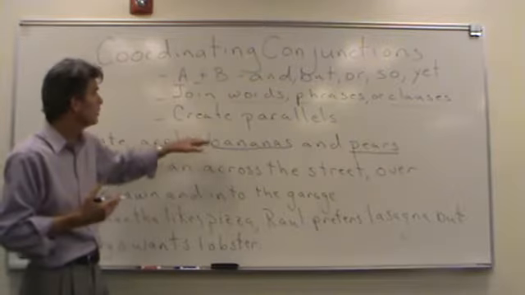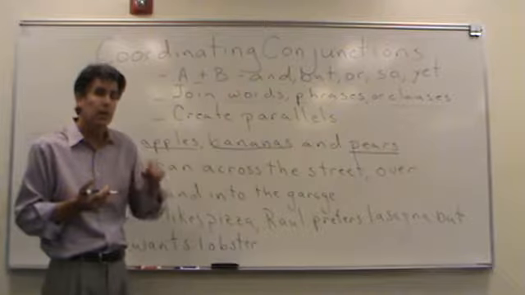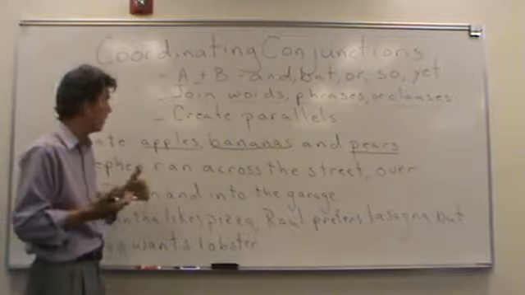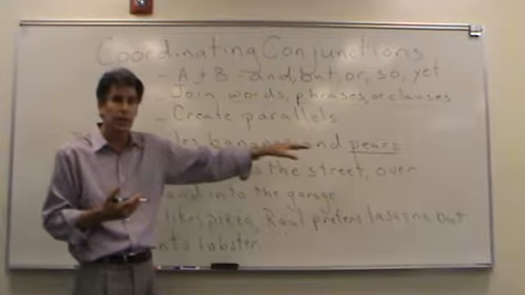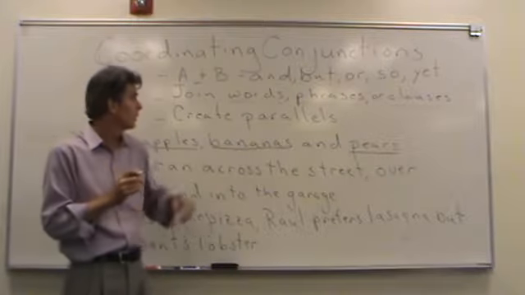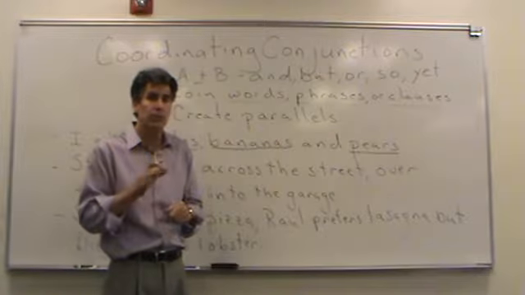If I know that they could be used to join phrases, I could turn those nouns into noun phrases. And say, for example, I ate red apples, yellow bananas, and green pears. If I replicate the grammatical structure, the phrase structure, it now gives the sentence a rhythm.